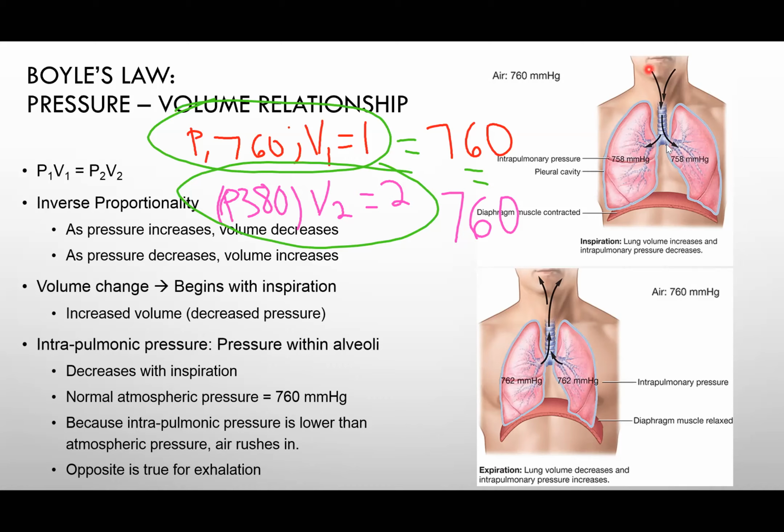We breathed in, our lungs got bigger, the volume increased, and therefore the pressure decreased. So the starting pressure was 760, the same as air, and now it's lower, okay, in this example.